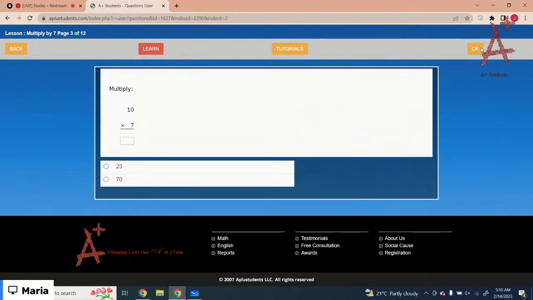The next one is 10 times 7. 10 times 7 is 70. So the correct option is 70.